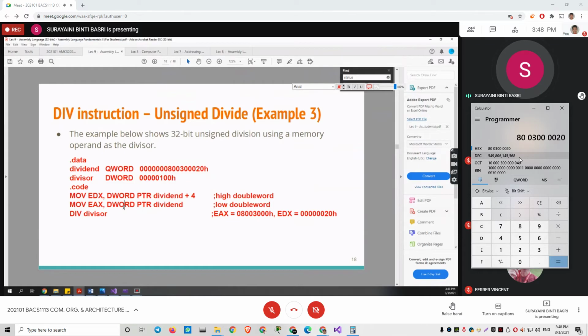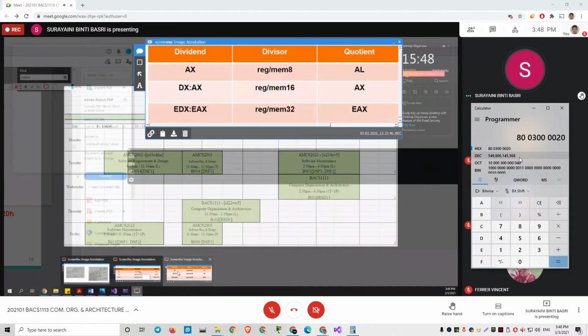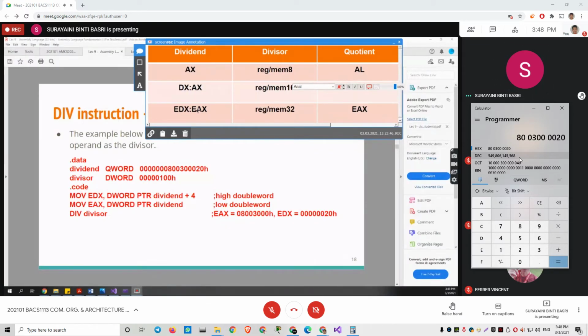And then another dword size is put inside EDX, because a qword is a 64-bit number. So this is actually a 64-bit number, and this is a 32-bit number. So EAX can only hold 32-bit, and then another 32-bit should be stored in EDX.